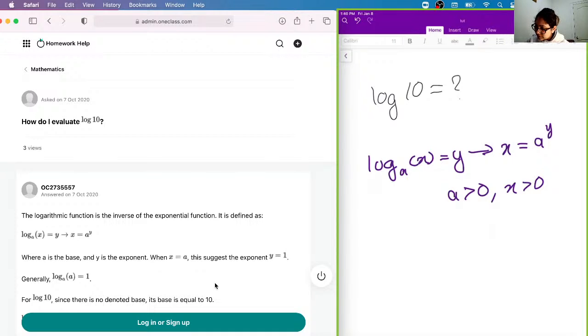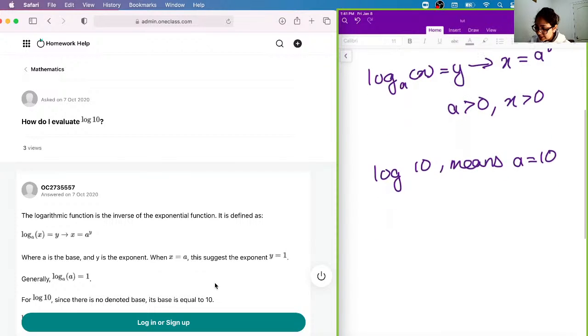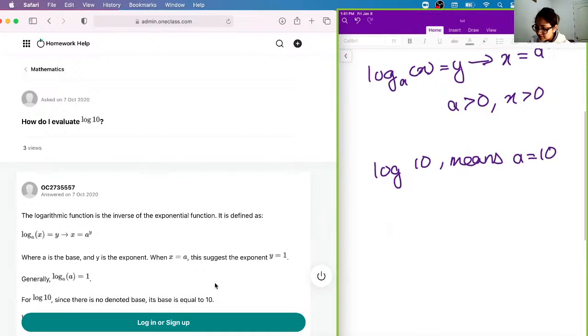If there's nothing written for the base, you just assume it's base 10, so it is log 10. So log of 10 means log base a of a, but you don't really write it. Where a is the base and y is the exponent, when x is equal to a, this suggests that the exponent y is equal to 1.